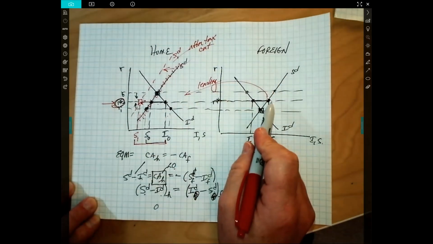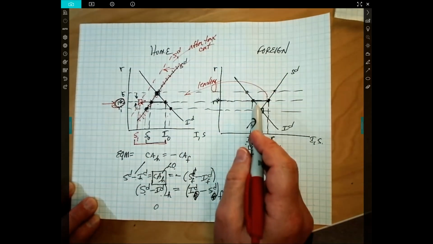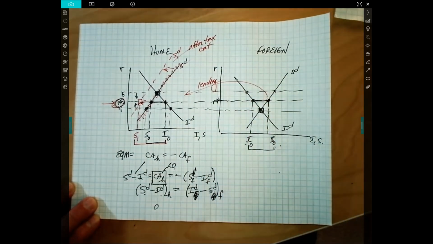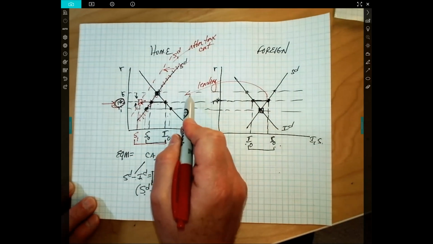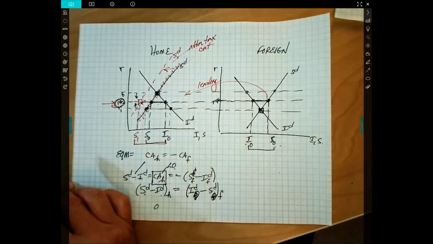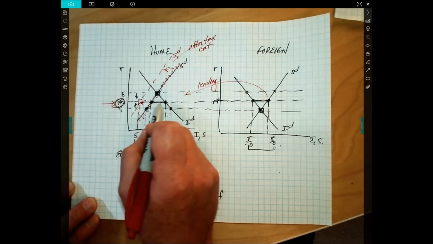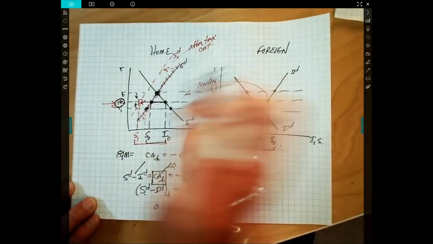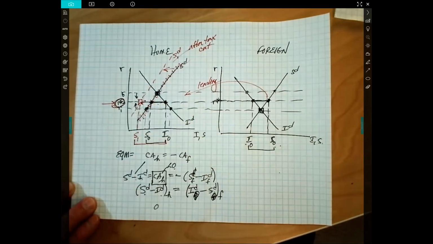They're lending this to the home country, because they have a surplus of saving, more saving than desired investment in that country, more dollars in banks than people want to borrow, for example. They can lend that in the world market to the other country to close the gap between desired investment and the national saving available in the home country.